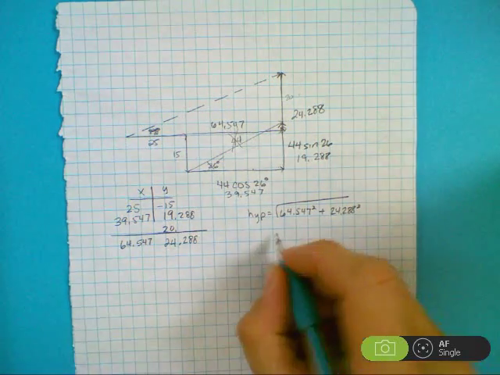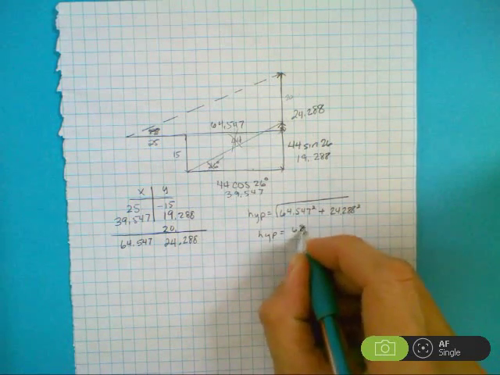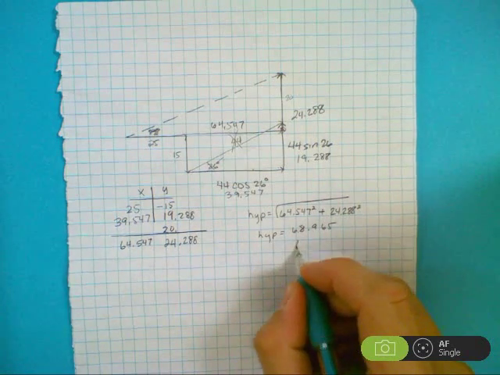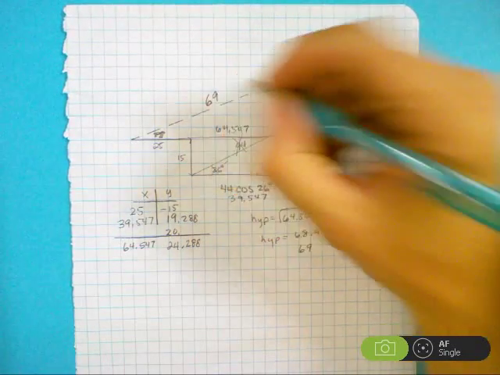And that gives me a hypotenuse value of 68.965, or to 2 sig figs, we'll just call that 69 units. So this value is 69 units.